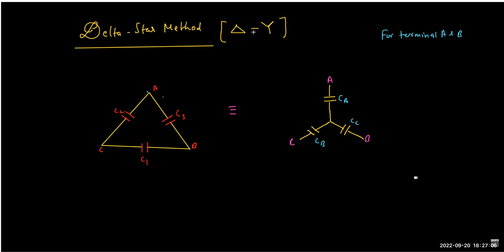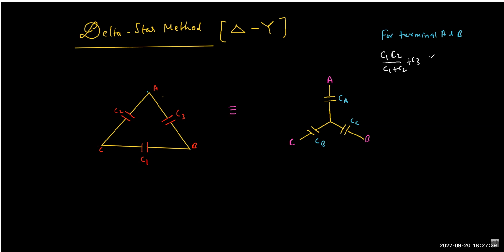So tell me what is the equivalent capacitance between A and B. If you solve, what will you get? For A and B, we can see C1 and C2 are in series, which in turn is in parallel with C3, correct? So we can write C1 C2 upon C1 plus C2, plus C3.